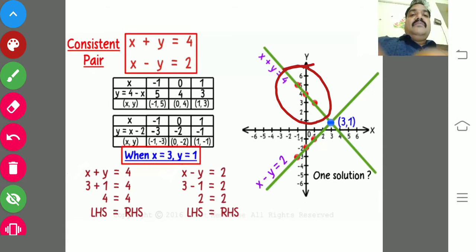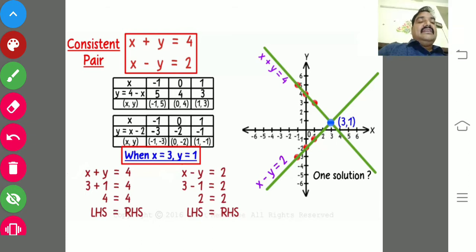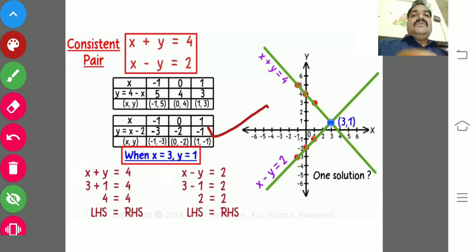So after plotting the 3 points, simply you take a scale and draw towards the x-axis and y-axis. You just draw one line. And next, from the next tabular, you just observe what the values are.